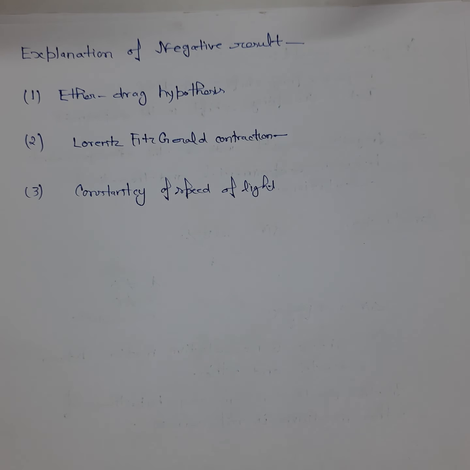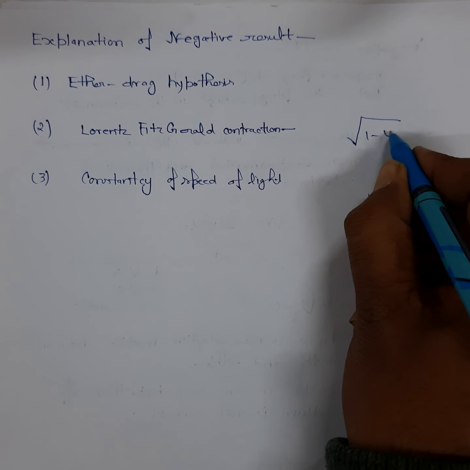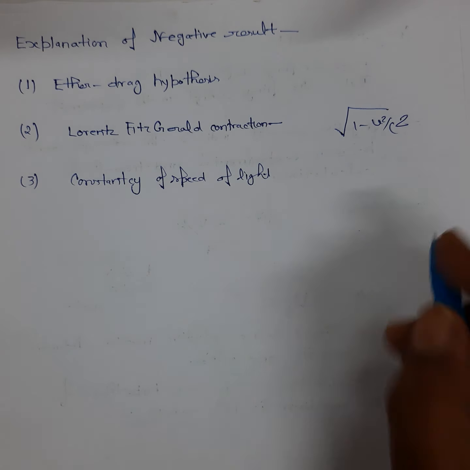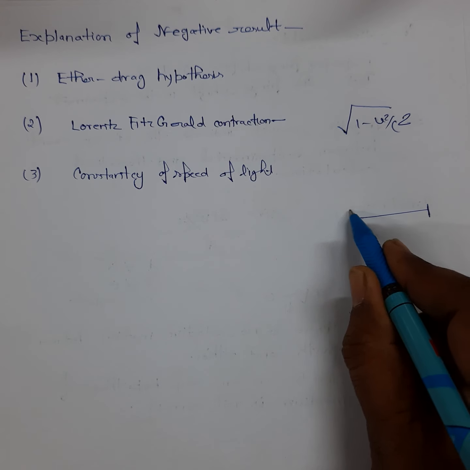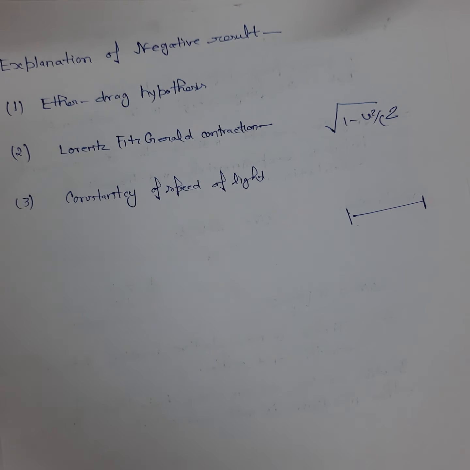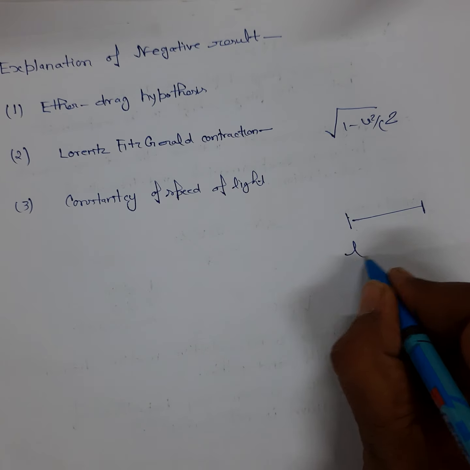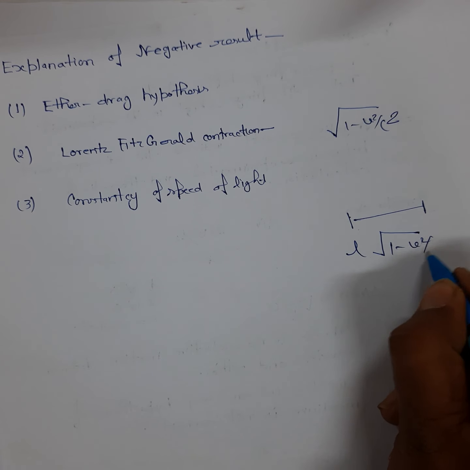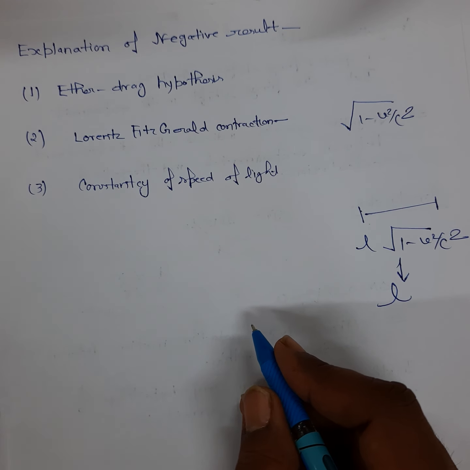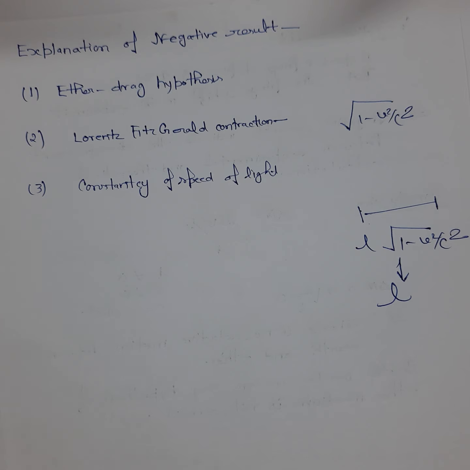According to them, all material bodies are contracted in the direction of motion relative to the stationary ether by a factor of square root of 1 minus v squared by c squared. Taking this suggestion into consideration, the horizontal arm, which is along the direction of propagation of ether, will appear to have length L times square root of 1 minus v squared by c squared instead of L. It equalizes the time along the horizontal and perpendicular directions in the Michelson-Morley experiment. Hence, there will be no fringe shift.